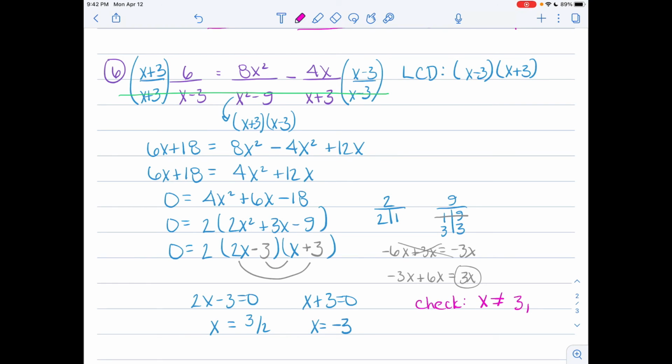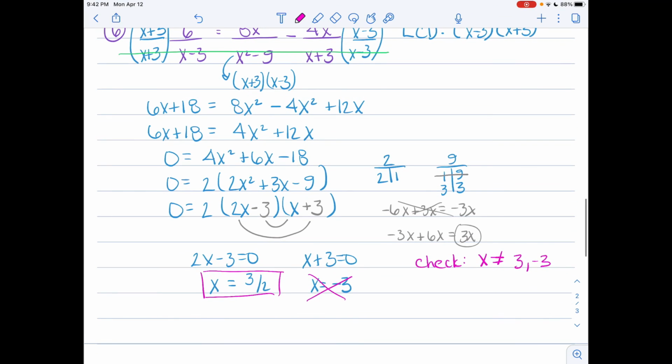And we don't want any part of that in these denominators. So x can also not be negative 3. All right, so x is equal to 3 over 2. Not a positive or negative 3, but this one is. This is a negative 3, and so this is an extraneous solution because it is one of our excluded values.